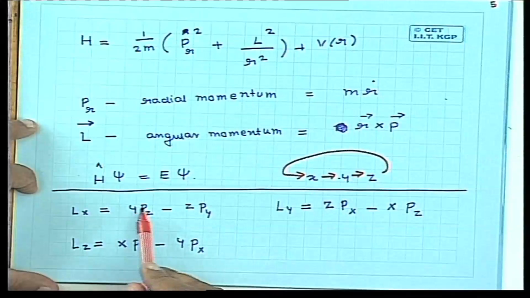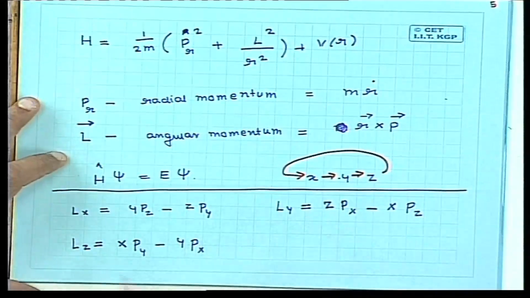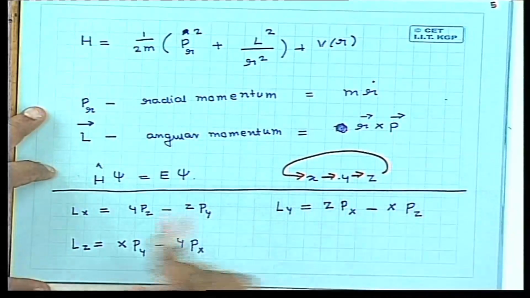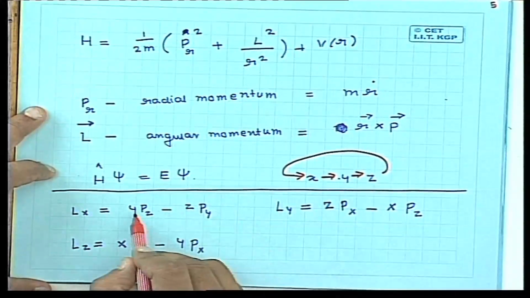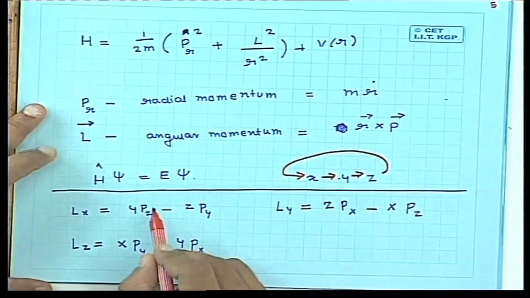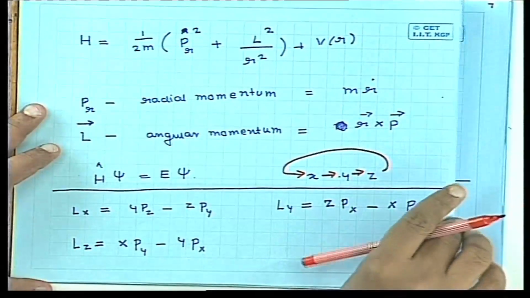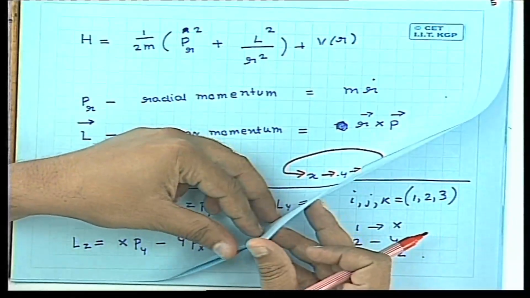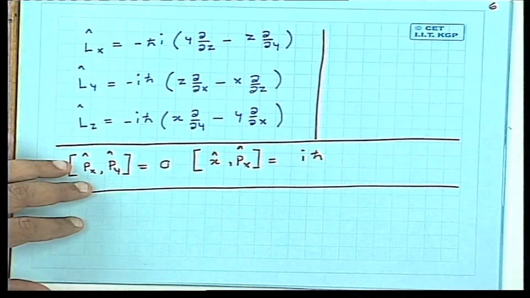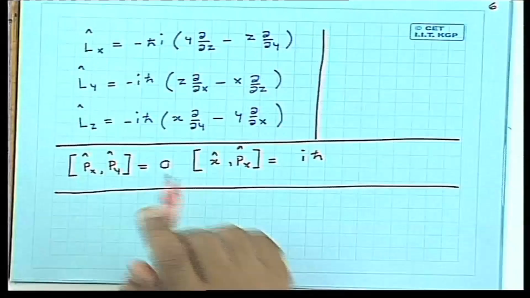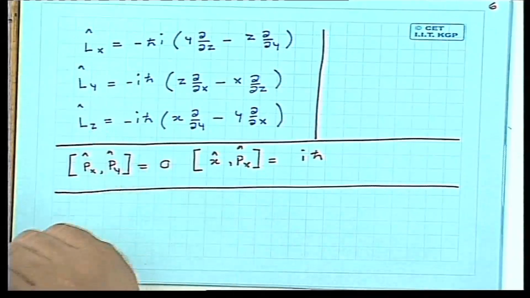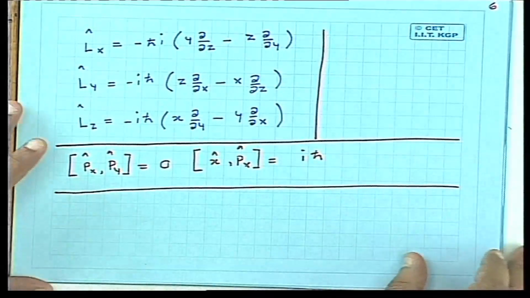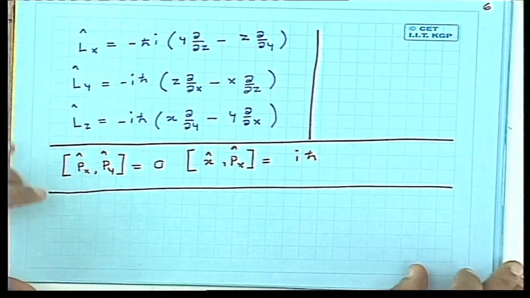So, Lx is ypz minus zpy, etc. We used the operators for the various coordinates x, y, z and the corresponding momenta to write down the operators for the angular momentum. So in quantum mechanics, we saw yesterday that angular momentum is represented by these three operators Lx, Ly, and Lz, and we wanted to work out the commutation relation amongst these three operators.